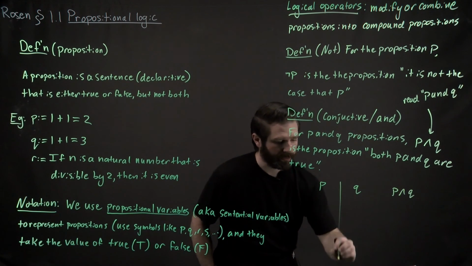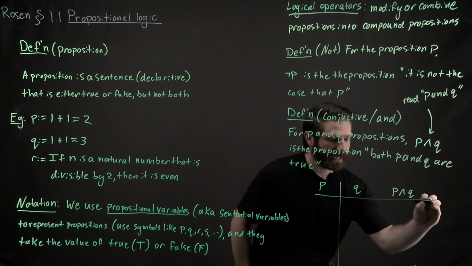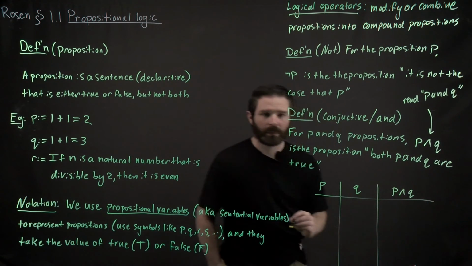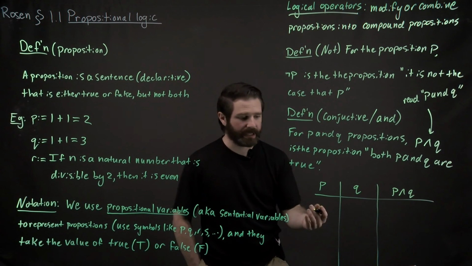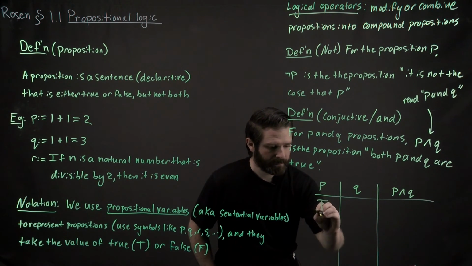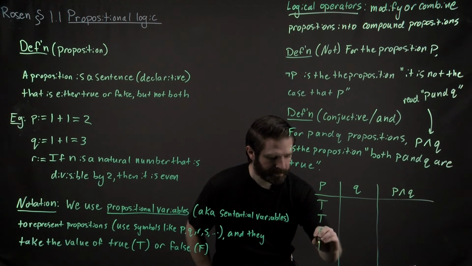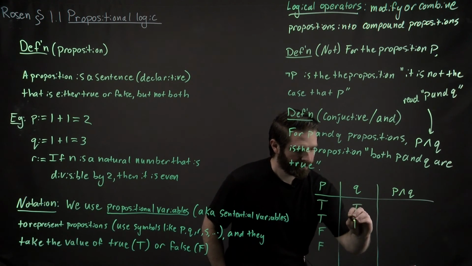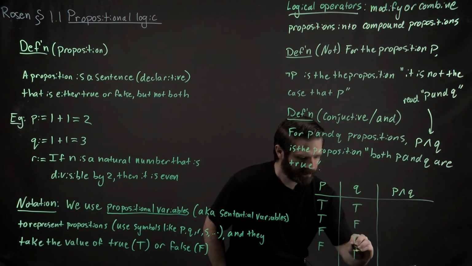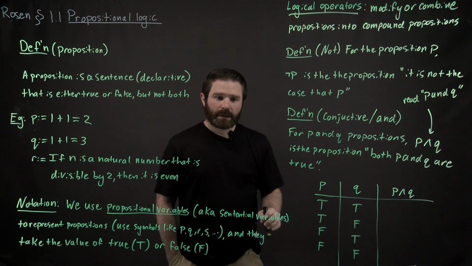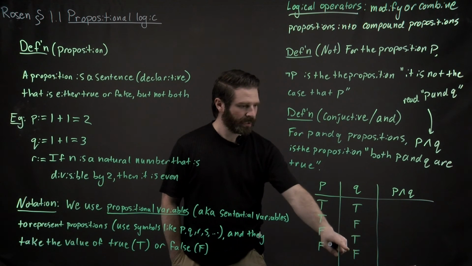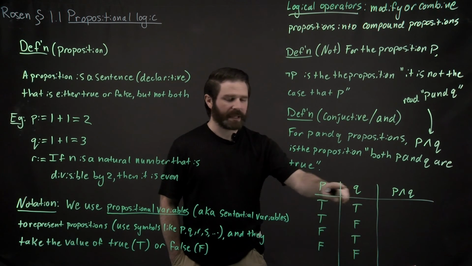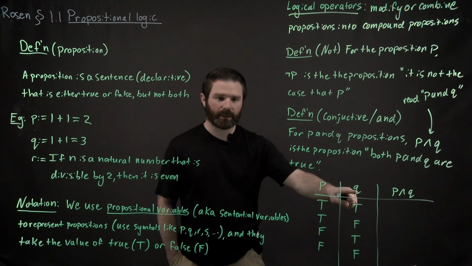And to do our truth table, once again, we're going to have to give all the possible values of our variables for P and Q. So here I've listed all the possible combinations of values for these variables right here, P and Q.